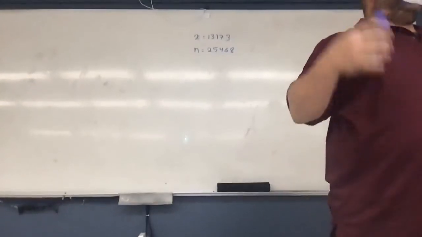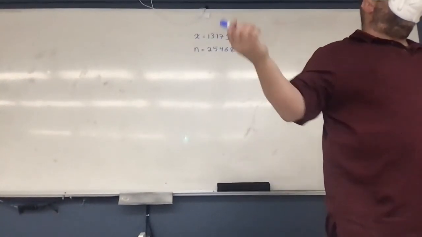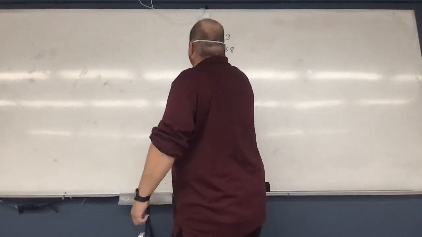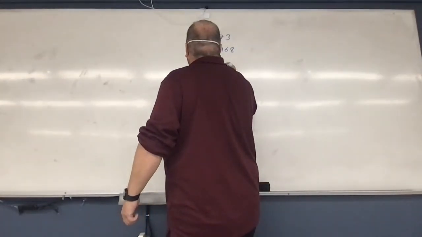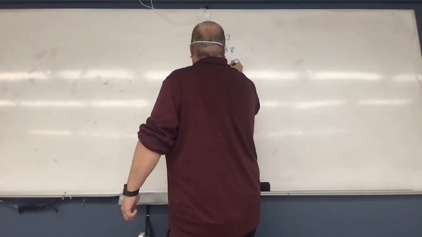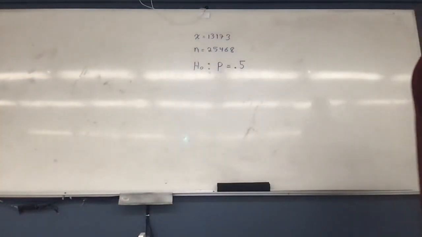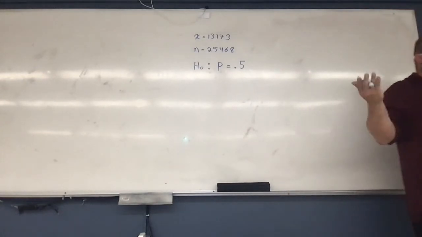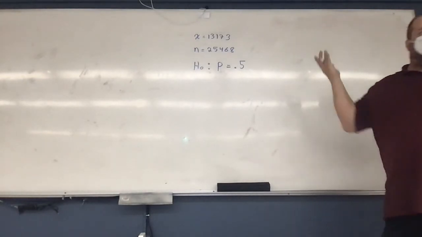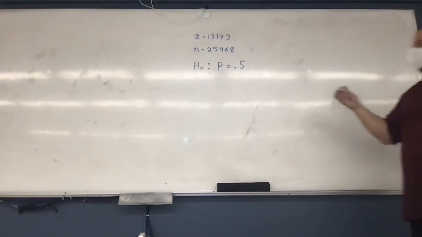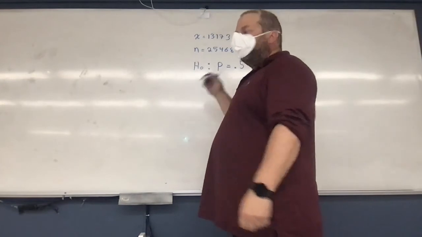Based upon the question, what's my null hypothesis and what's my alternative? What's my null hypothesis first? P equals 0.5. If it's not true that boys are more likely, the status quo, the common sense proportion will be 50-50, right? Is the null hypothesis always 50-50? Not always.